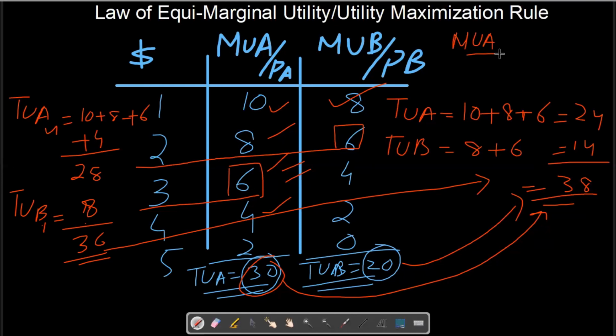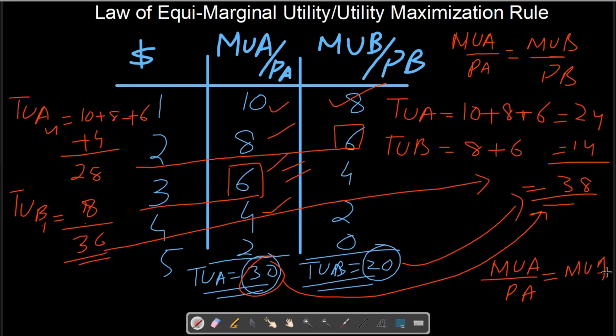The formula for the utility maximization rule is: marginal utility of A divided by price of A must be equal to marginal utility of B divided by price of B. And another formula for the utility maximization rule is: marginal utility of product A divided by price of product A must be equal to the marginal utility of money.